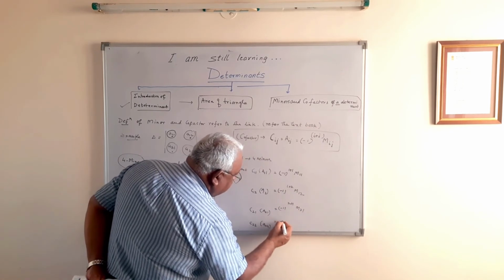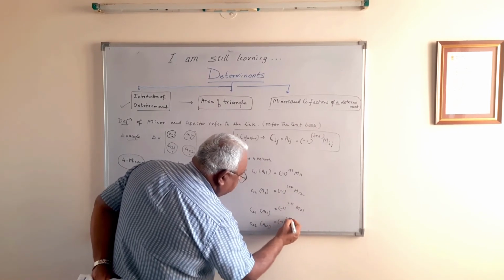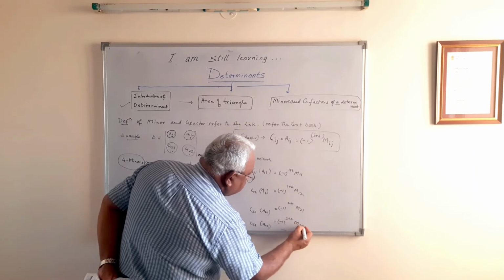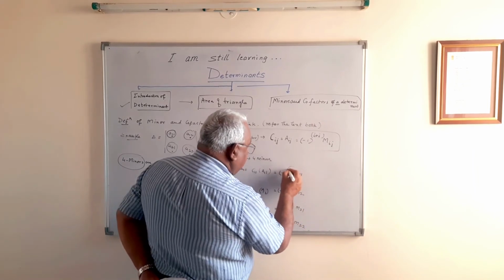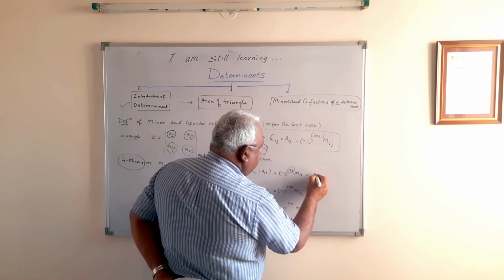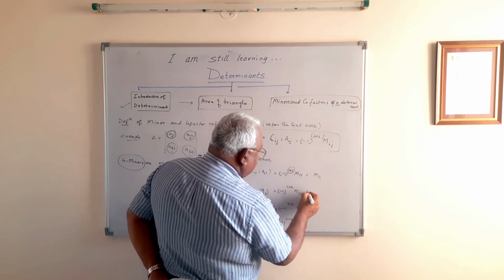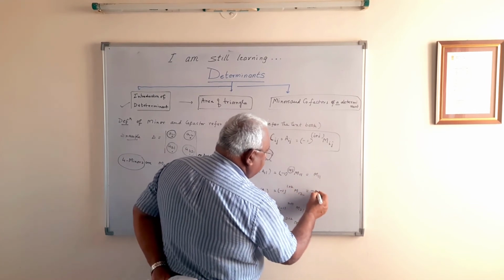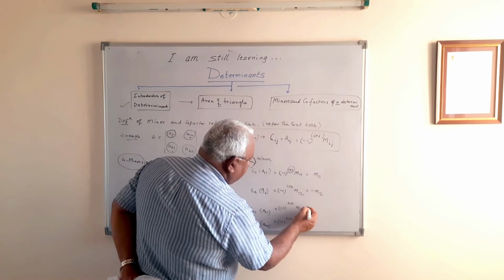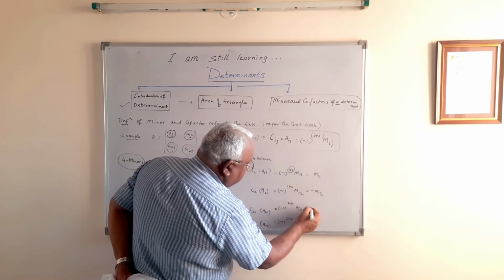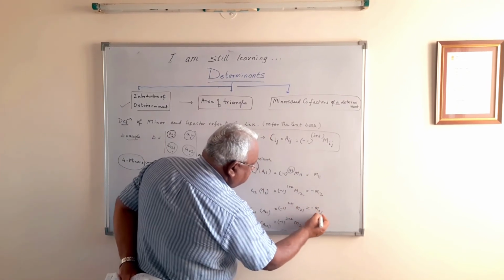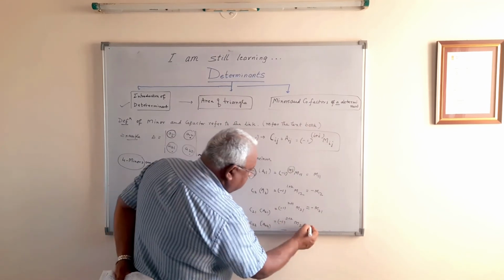And this is (-1) to the power 2 plus 2 times M22. This is even, so it will be same as M11. This is odd, so it will be minus. This is even, this is also odd, so it will be minus, and this is even.